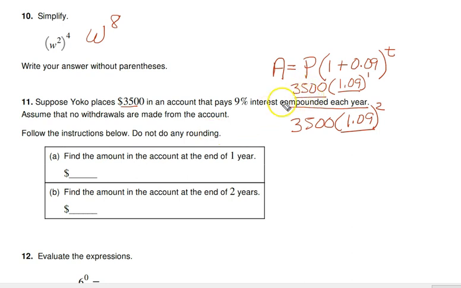Try that out. Pause it, because I'm going to give you the answers here, and you can check it. So this would be 3,815. And this is 44,158.35.